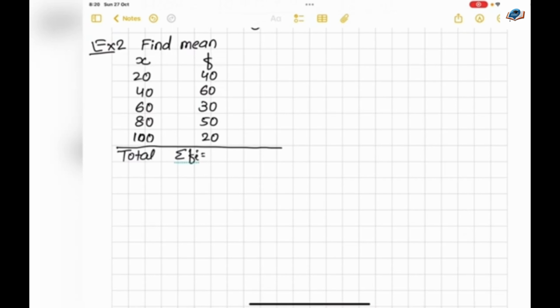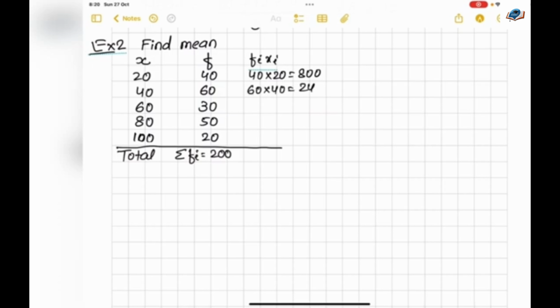So this is coming as 200, and then we have to multiply fi xi. That means whatever value of f and whatever value of x, we will be multiplying. So 40 into 20, so 800. Then 60 into 40, so that will be 2400.